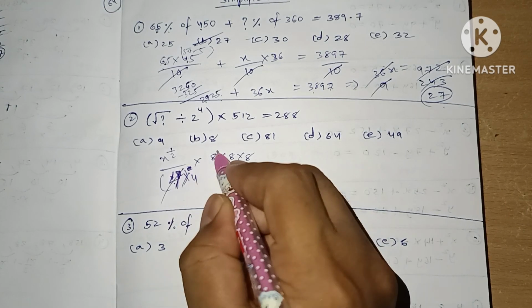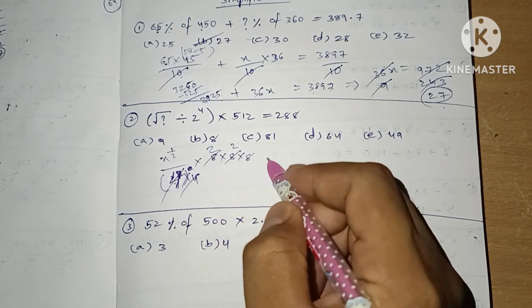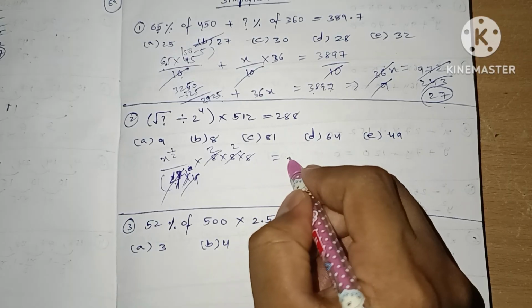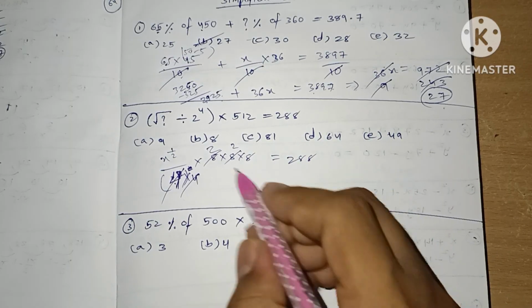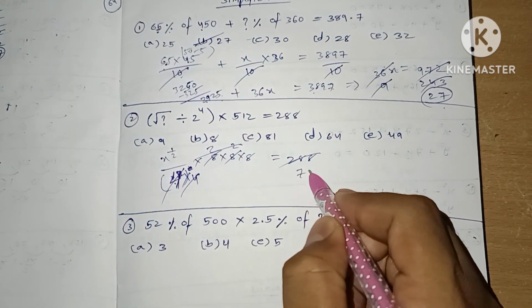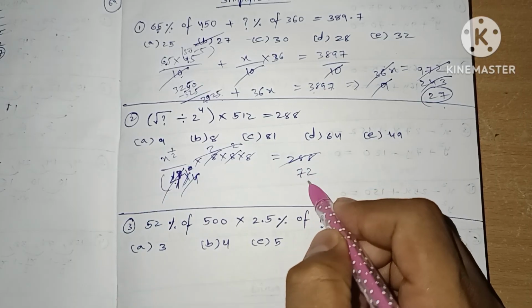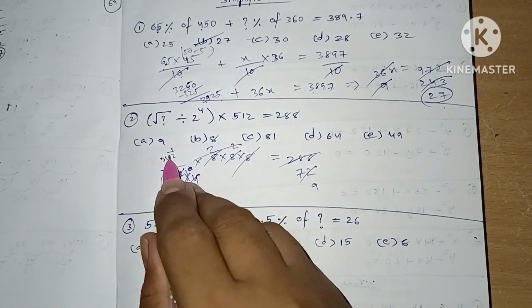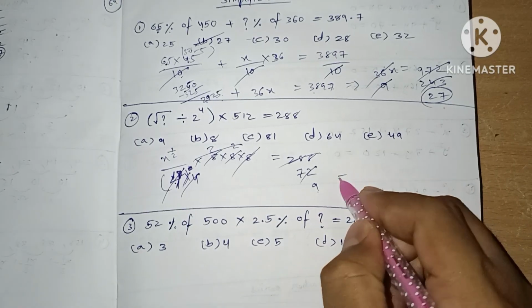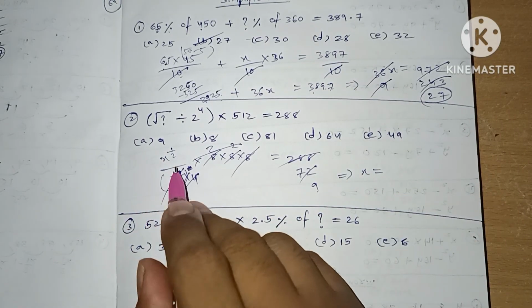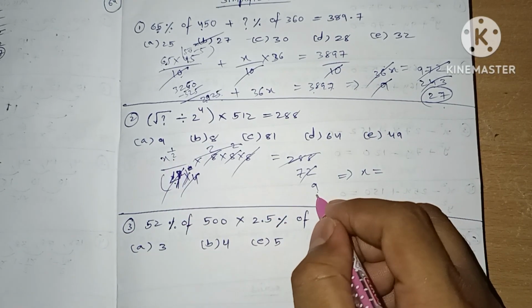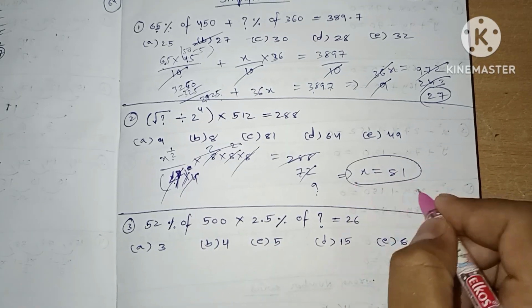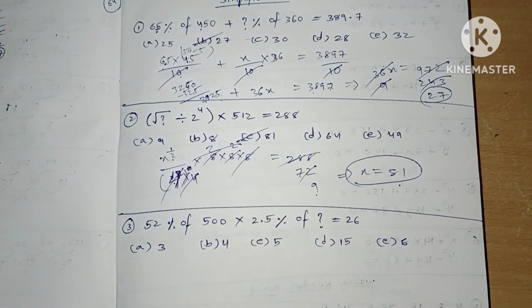Here 4 twos are 8, 8 into 4 is 32, 4 sevens are 28, and 4 twos are 8, so we get 288. 8 nines are 72. So root over x equals 9. So x value equals, this root goes to this side with the square, 9 square, which is 81. So the answer is 81. Option C is our answer.